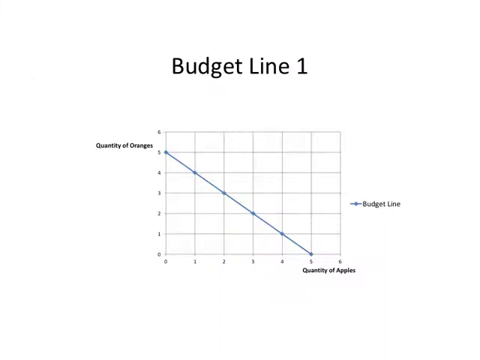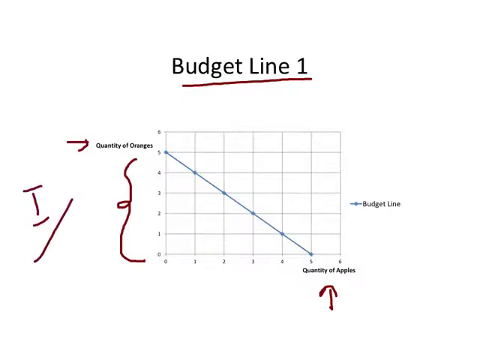This budget line that we had drawn, we'll call this budget line 1 or BL1. And based on the numbers you have, what you'll find is we have quantity of oranges on the vertical axis, quantity of apples on the horizontal axis, and if we have to figure out the intercept on the y-axis, it will simply be income divided by price of the good on the vertical axis, which is orange.